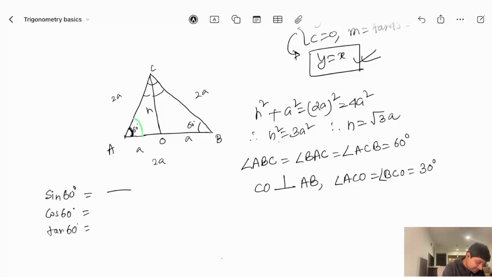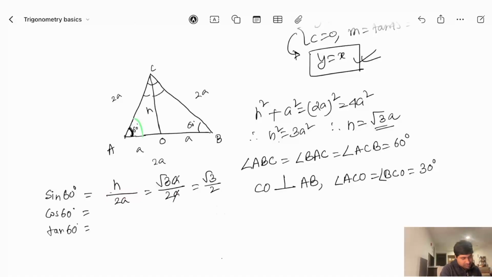The value of sine 60 is nothing but your height divided by hypotenuse. So what is the height here? Height is nothing but h, hypotenuse is nothing but 2a. So h, we just discovered, is square root of 3 a, divided by 2a. So sine 60 is square root of 3 by 2.